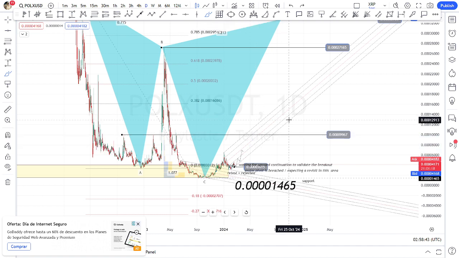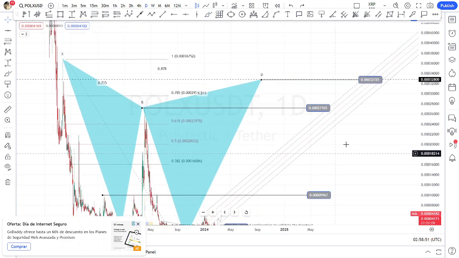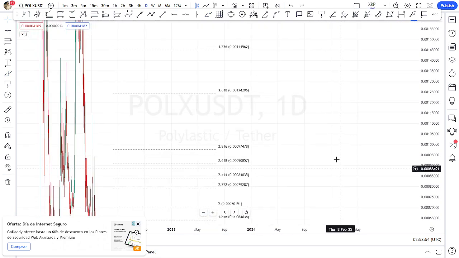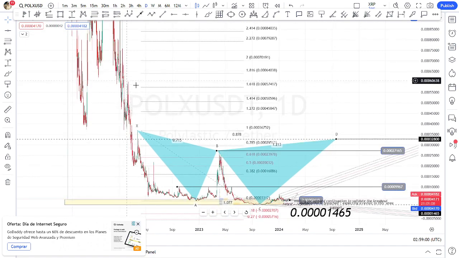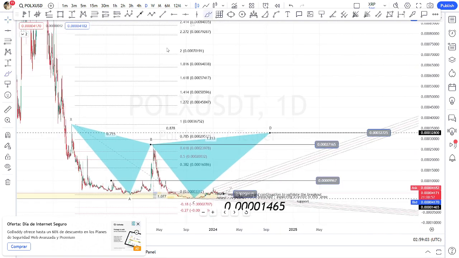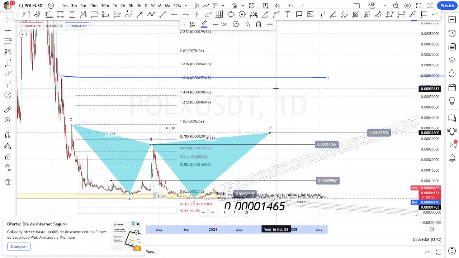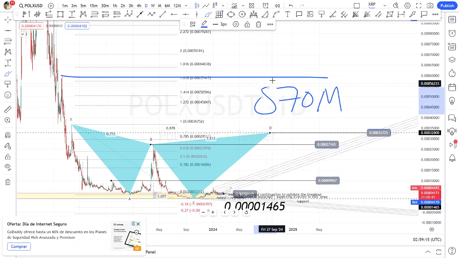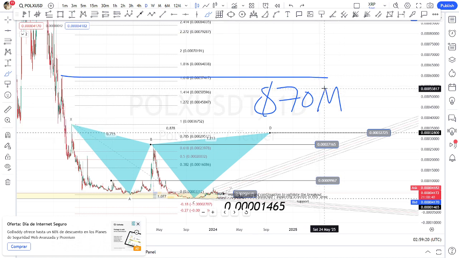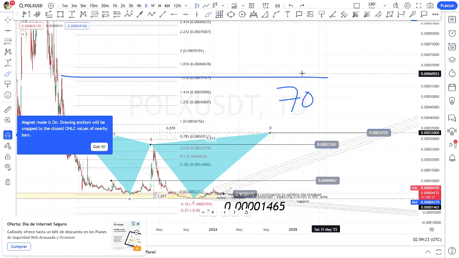So we still need a lot of money or market cap to fuel this price rally. To hit the seven, somewhere here, if we try to aim for this one, I think we need at least, no, not 700, I think 7 million, $70 million to hit this price level.